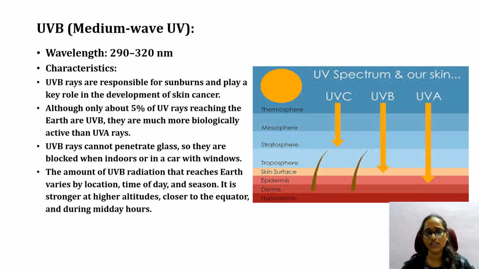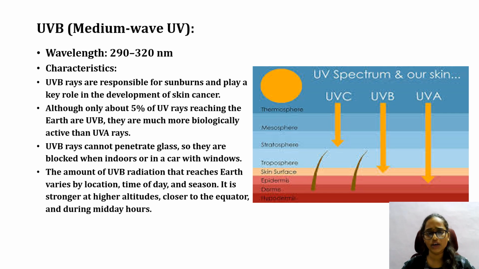UVB rays are known as medium wave UV, and the wavelength is 290 to 320 nanometers. The characteristics are: UVB rays are responsible for sunburns and play a key role in the development of skin cancer.